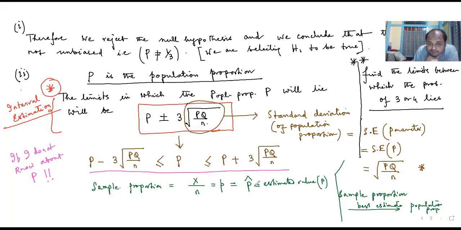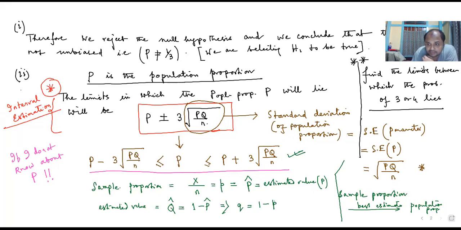Okay, if capital P is like that, its counterpart, the estimated value of capital Q, will be given by 1 minus the estimated value of capital P. Accordingly, your formula reduces to the following form.